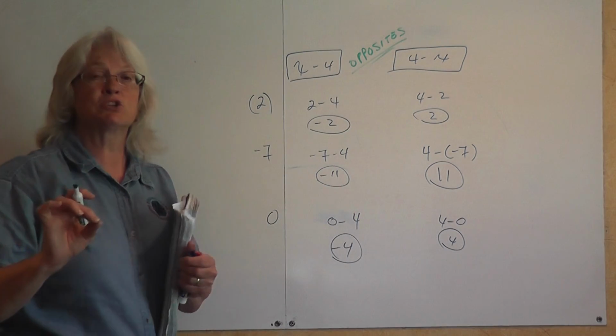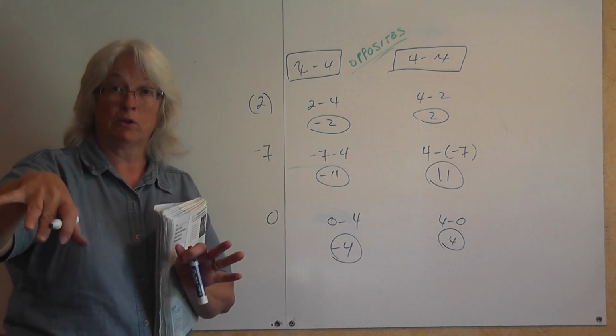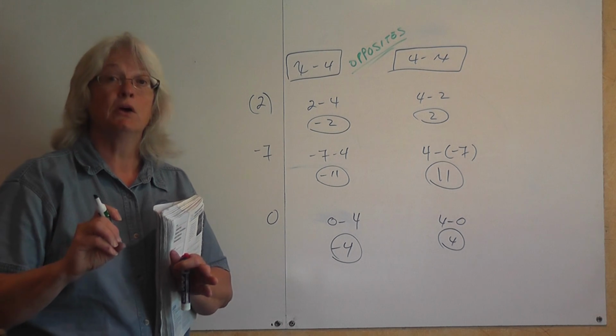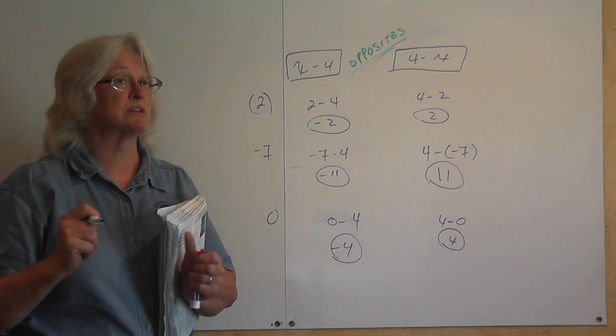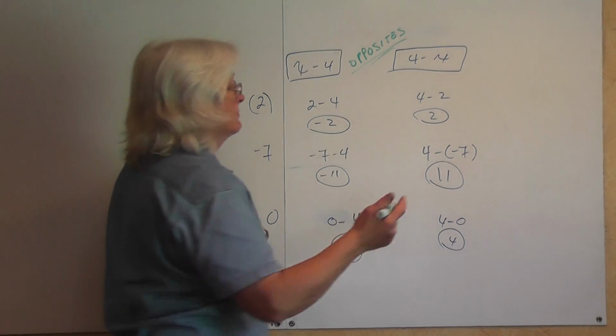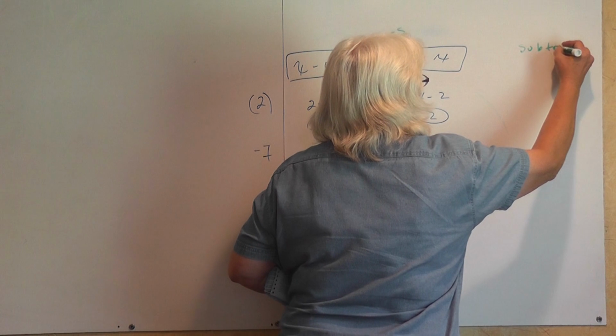And this is the relationship that you need to understand, because you remember way back when you were learning how to subtract signed numbers, you learned that subtraction is the same as adding the opposite. So let's just put that little note over here.